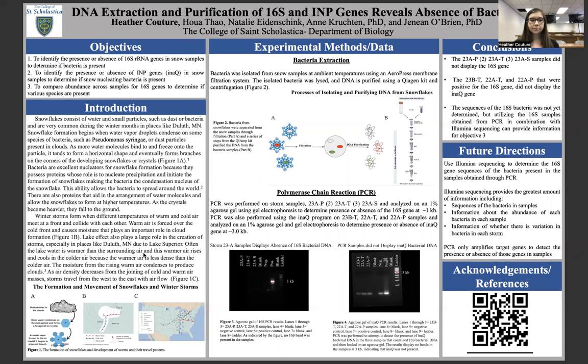So we went and took 3 different samples from Dr. O'Brien's yard. One was near her patio, one was near a table, and one was near her swing set. We took those samples and put them in an AeroPress with a membrane filtration system.